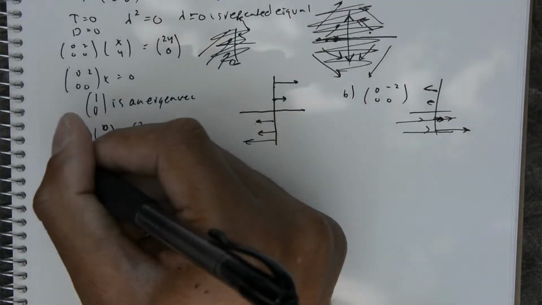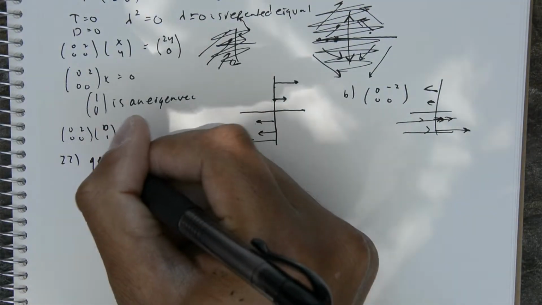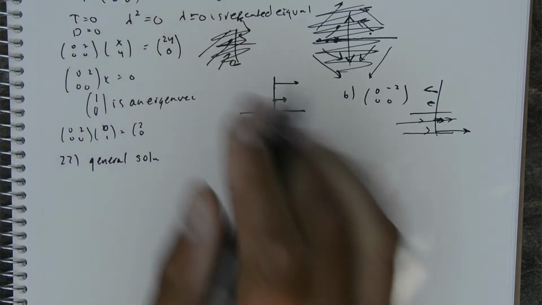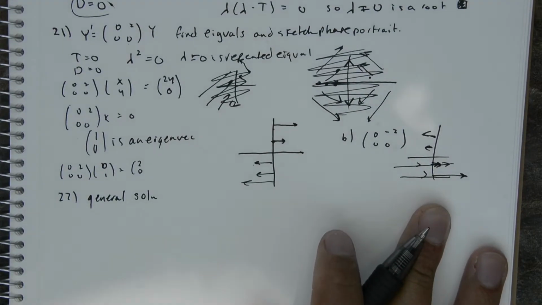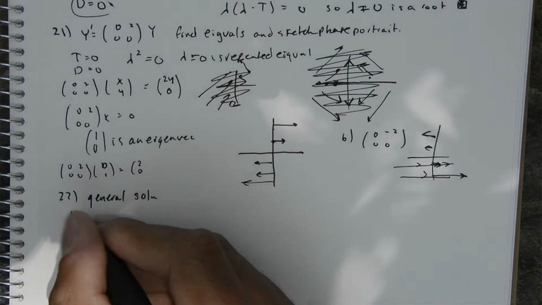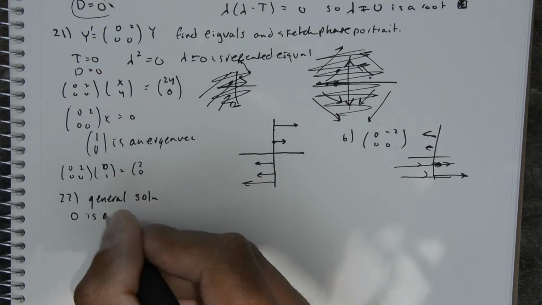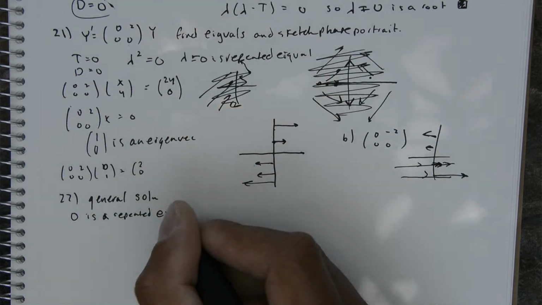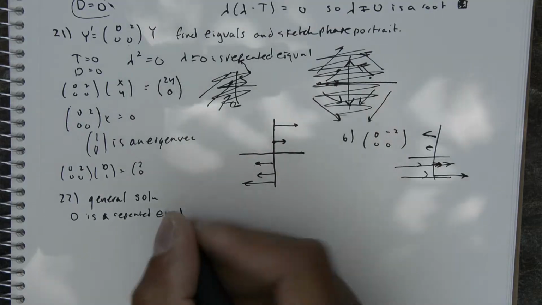Okay, so 22, general solution. All right, of this. So we know that 0 is a repeated eigenvalue.